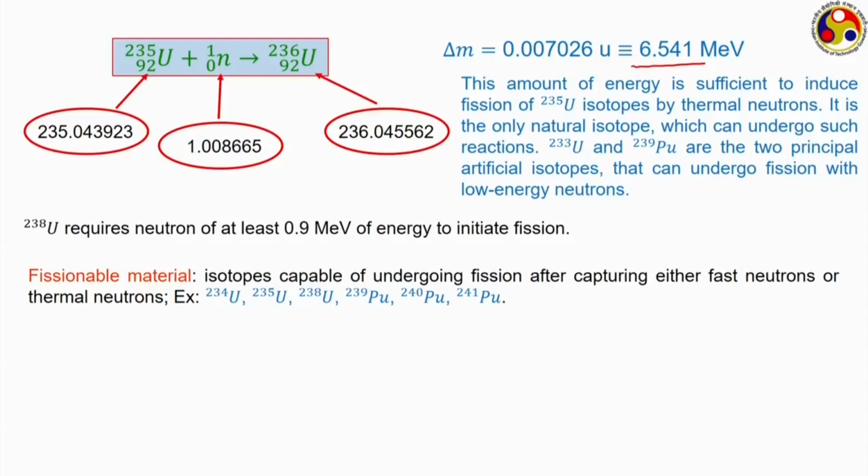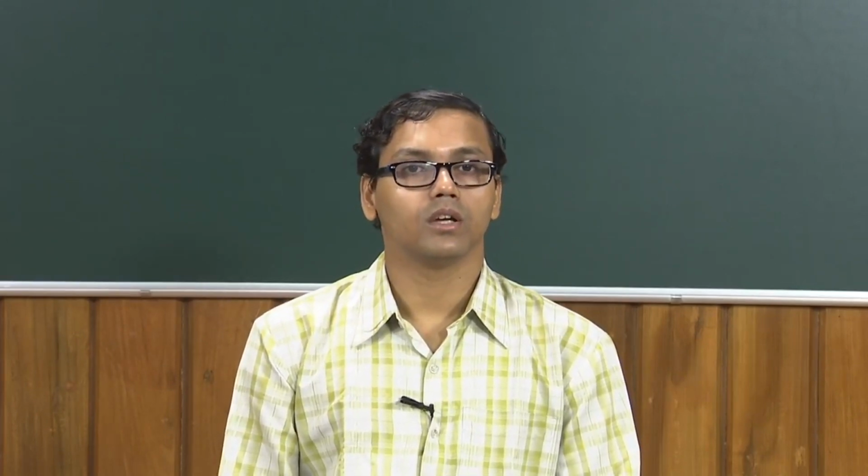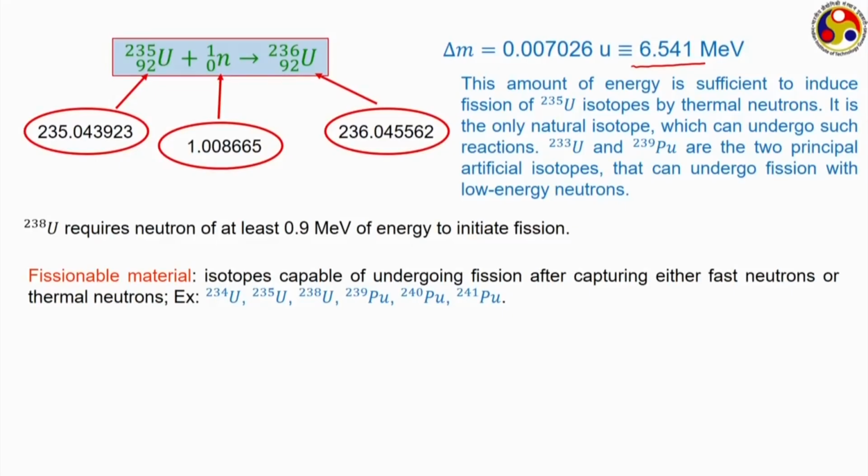Isotopes capable of undergoing fission when struck by a neutron of any energy level, either fast or thermal, we call fissionable material. So, the examples we have just discussed, uranium-235, uranium-233, plutonium-239 and uranium-238, are all fissionable materials. However, the issue is that uranium-235 can undergo fission by a thermal neutron, but uranium-238 can't.